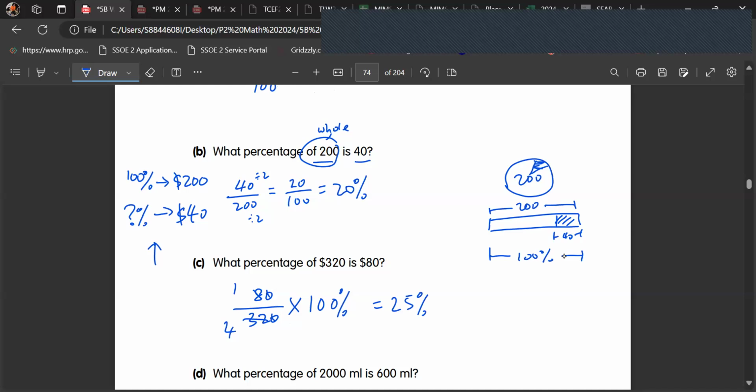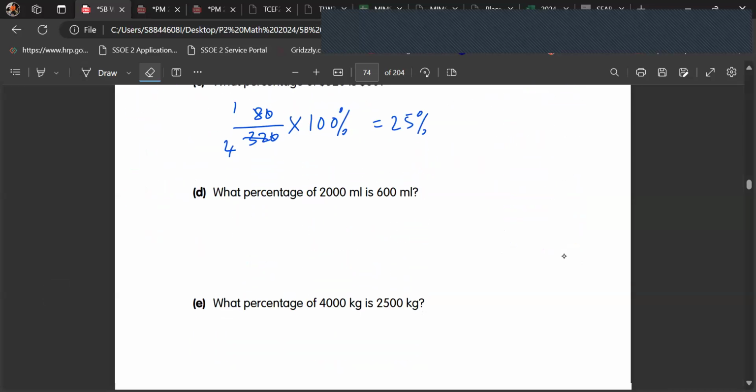It's because when you try to find $1 is how many percent, that gets complicated.